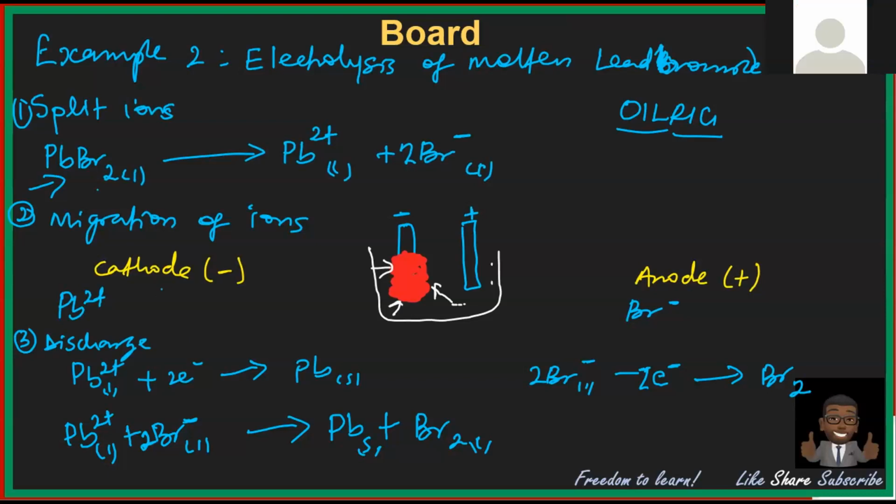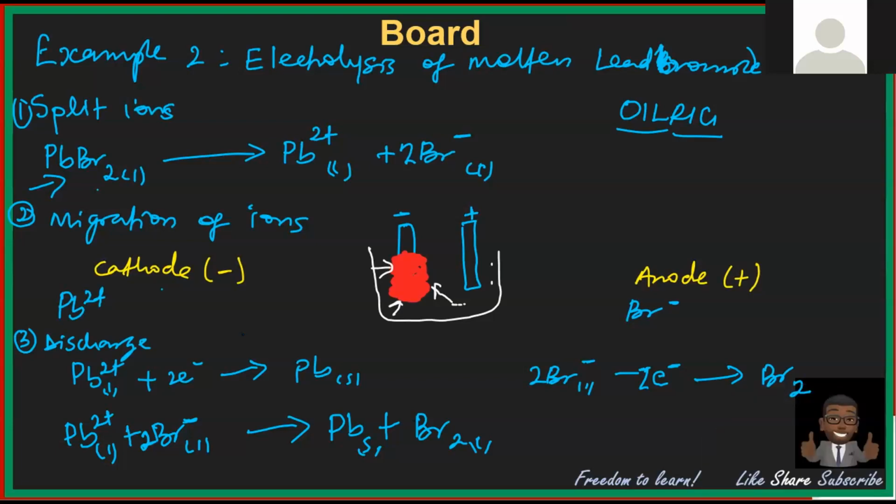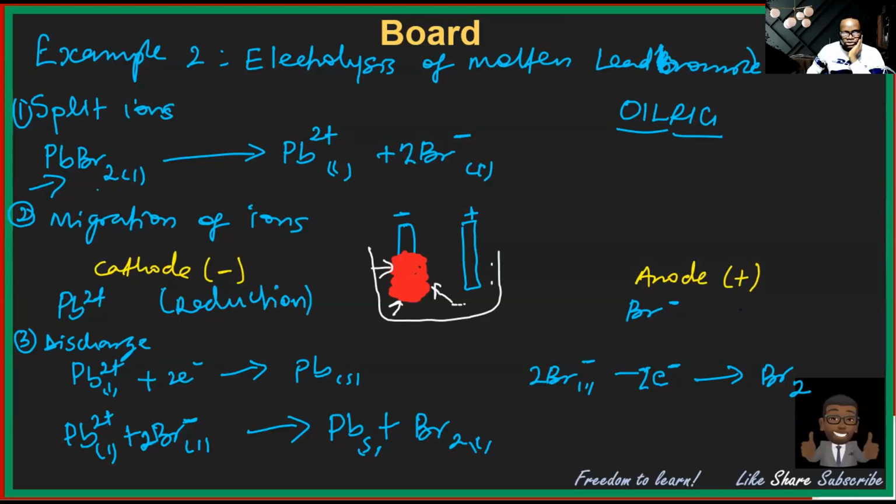Where does reduction take place? It takes place in the cathode. Okay, so that's where we have reduction. Anode is oxidation.